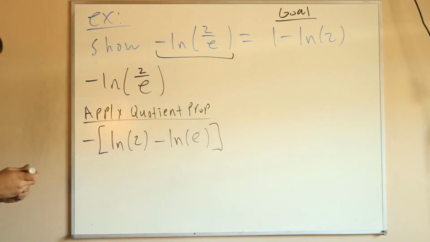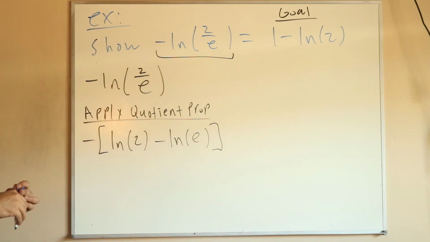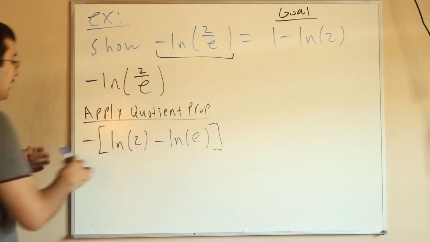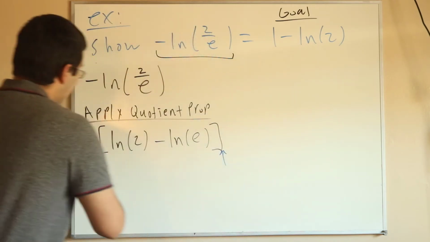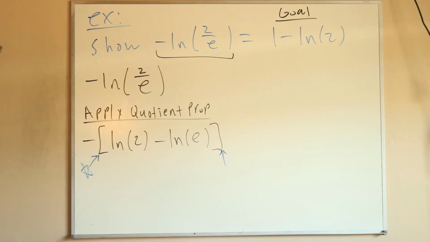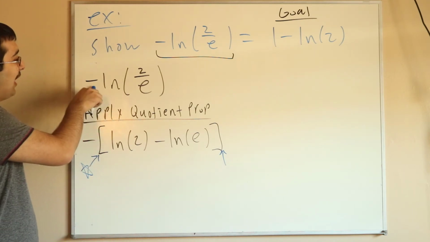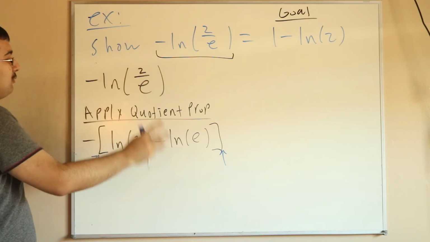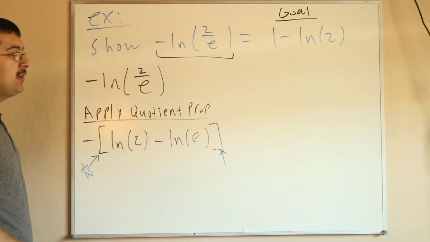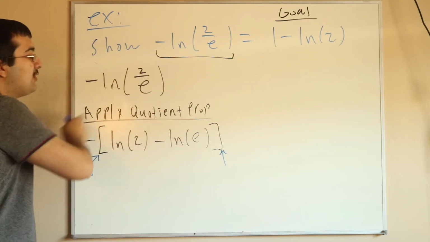Now, we need to take special note of something in my step right here, and that is these brackets. It's very important that I wrote these brackets. Why? Because right here, out in front, I was negating the entire ln value. So this ln will equal this difference of ln's. If I was negating this ln, I need to negate this entire difference.